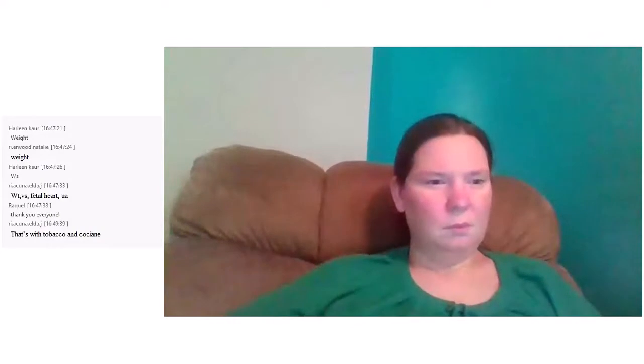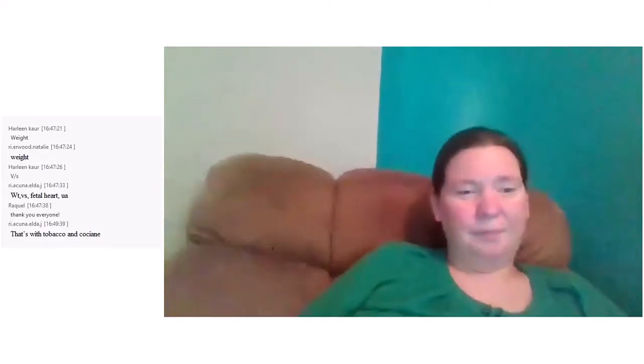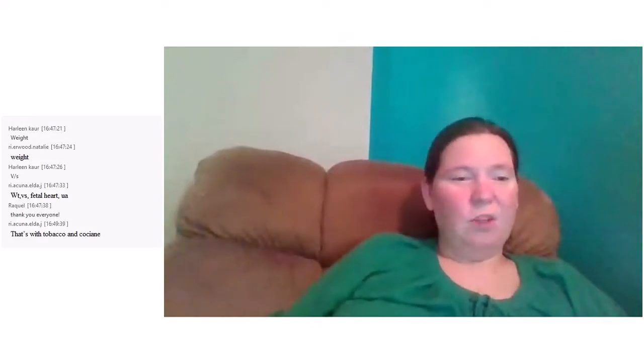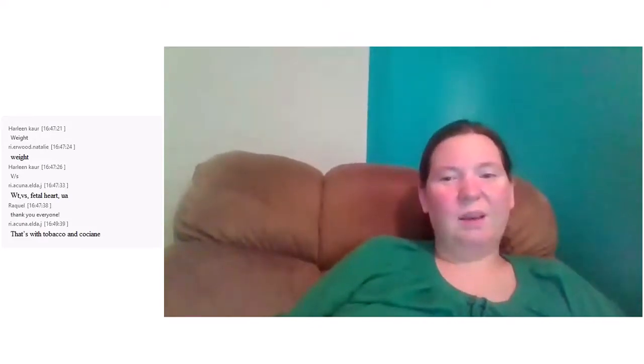One thing in addition that tobacco can cause is cleft lip and cleft palate. Yes, tobacco and cocaine. Think of vasoconstriction with those, and think of things that can happen with vasoconstriction.